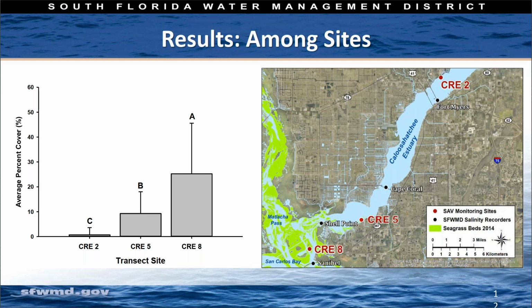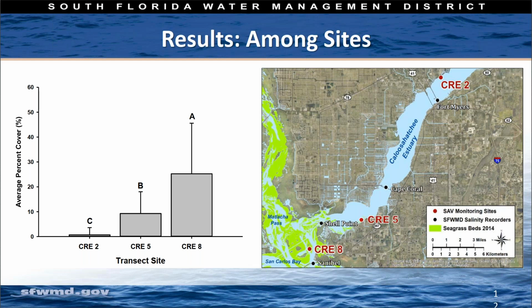So to compare similar months among years, mean SAV percent cover values from March through July were pooled for comparison among the 3 years, 2019 to 2021. Within this range of months, 2019 SAV percent cover was lowest at 5.47%, while 2020 and 2021 had similar mean SAV percent covers of 10.5 and 10.8, respectively.